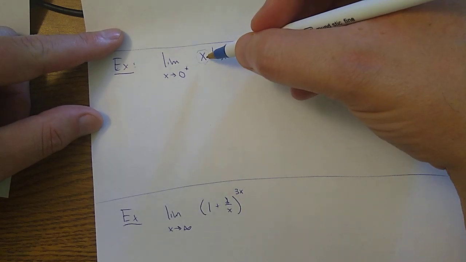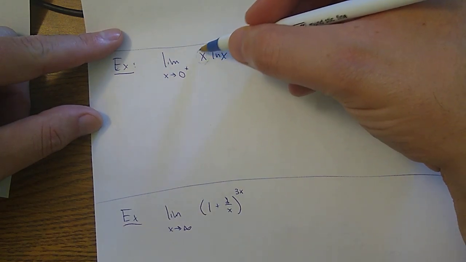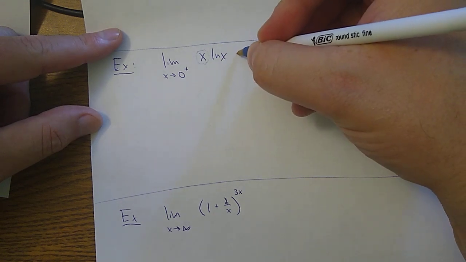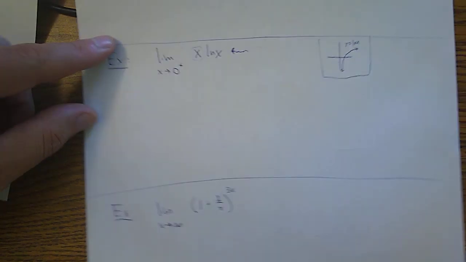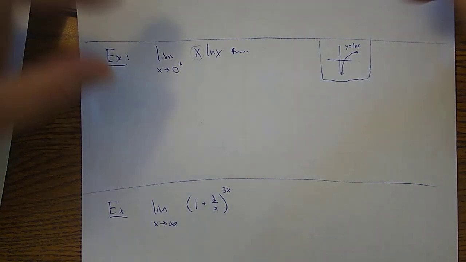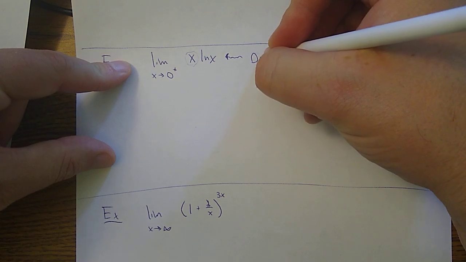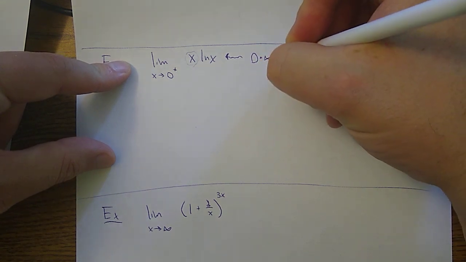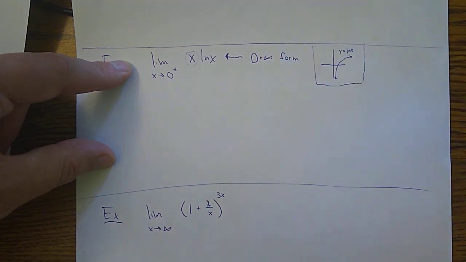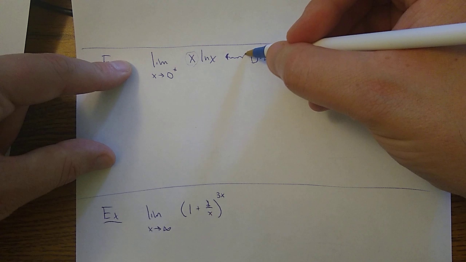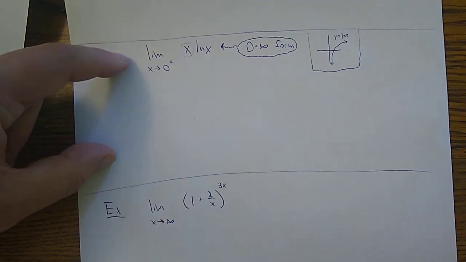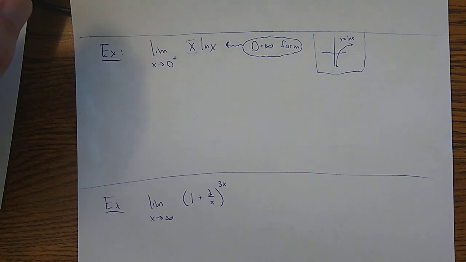So, once again, as x goes to 0, this part's going to 0, this part's going to negative infinity. When we're talking about L'Hopital's rule, we don't distinguish too much between infinity and negative infinity, so I would call this a 0 times infinity form. Maybe more specifically, it's like a 0 times negative infinity form, but we don't have to distinguish between the names of 0 times infinity and 0 times negative infinity for this.